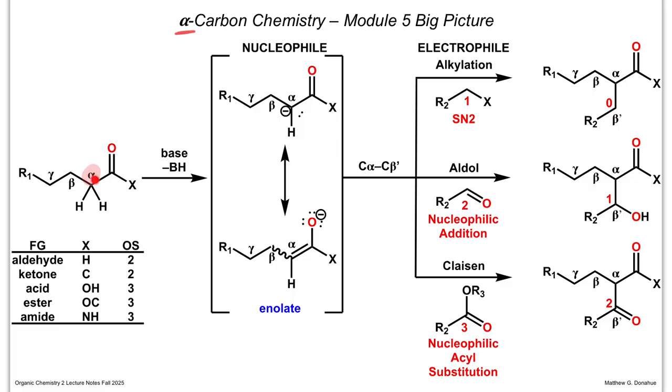Most of the chemistry that we see is going to take place at the alpha carbon. There'll be some offshoots of that we'll have to keep track of, but understanding what we learned about resonance will come into play quite a bit as we move through this module.